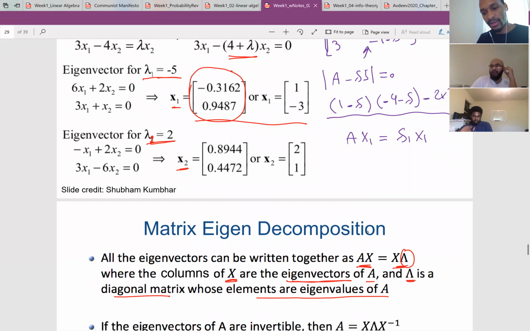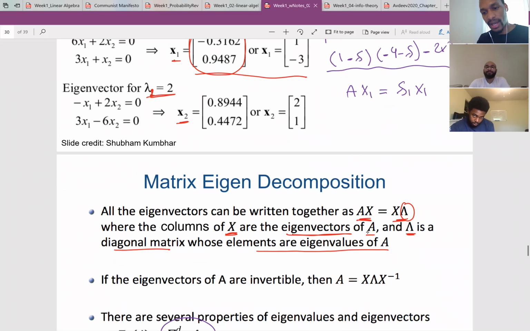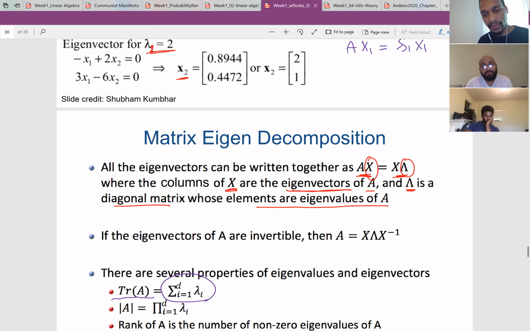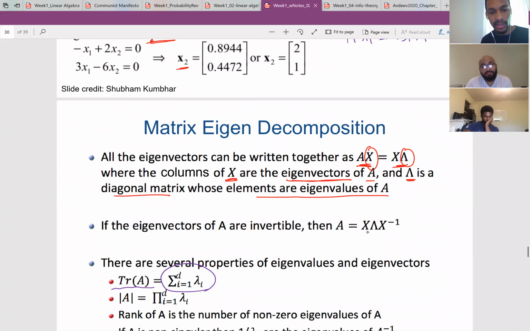And you take your eigenvectors, put them in the columns of X, and that's your eigenvector matrix.